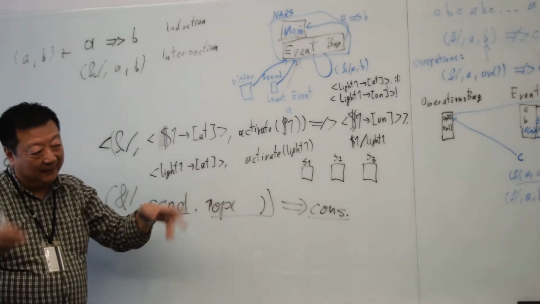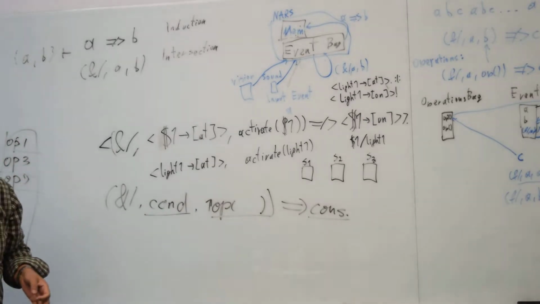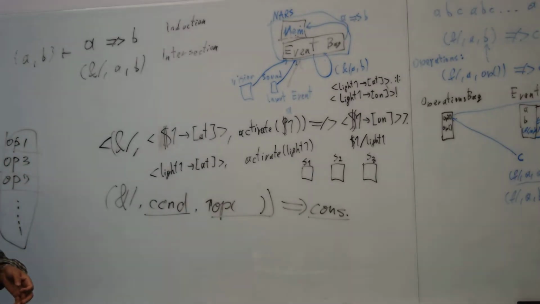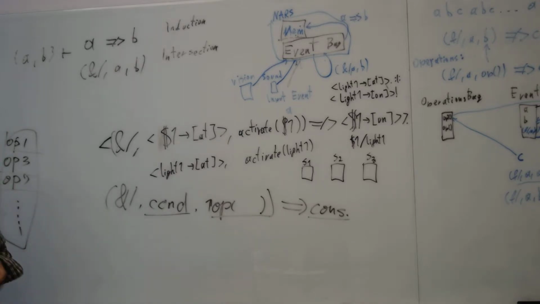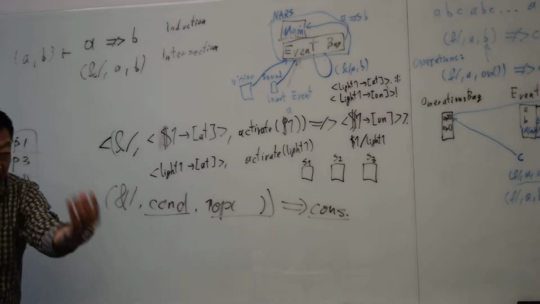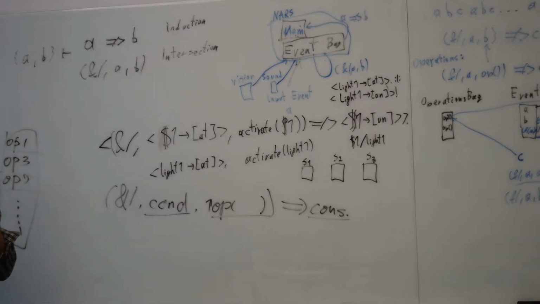So that's the sensational operation, it is an operation, but it is different from that action operation, right? So you can control your eye, you can control your leg, but they're different.